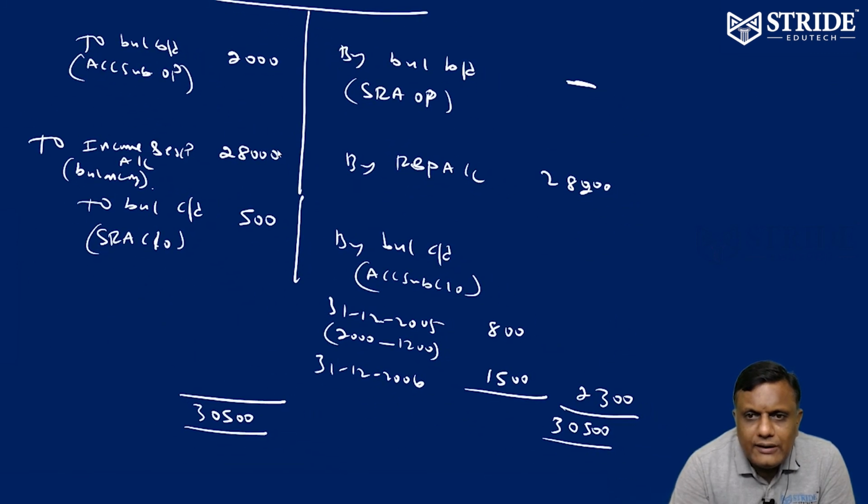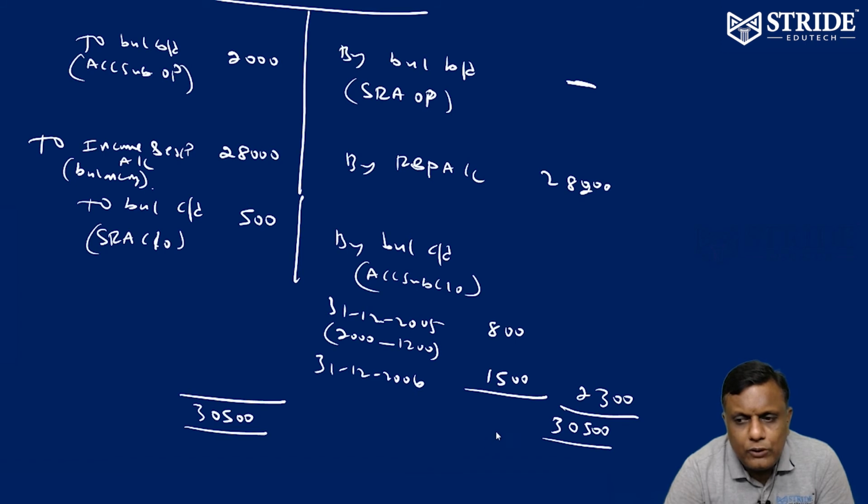This 2,000 is last year asset. This 2,300 is current year asset. Last year balance sheet asset 2,000, current year asset 2,300, current year liability 500. So last year liability dash.